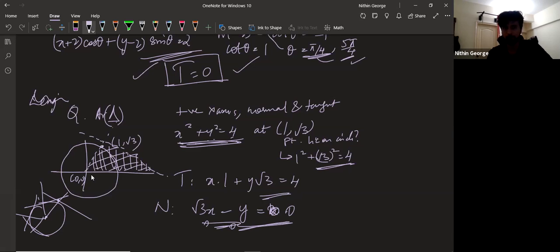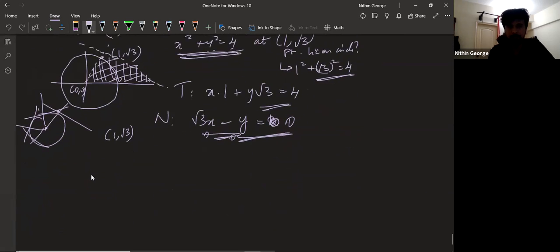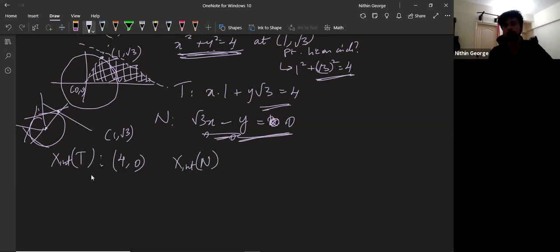All right, you know the normal and the tangent meet at the point 1 comma root 3. And we have to check where the normal meets the x-axis and where the tangent meets the x-axis. The x-intercept of the tangent will be, how do you find that? Simply put y equal to 0. You get x equal to 4. X-intercept of the tangent will happen at 4 comma 0. Now x-intercept of the normal. What do you do here?